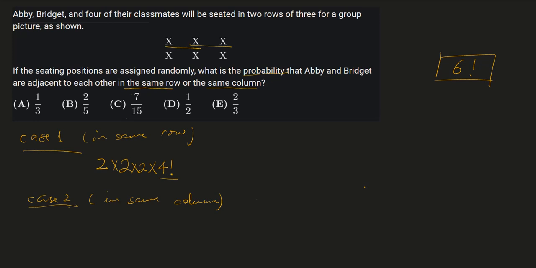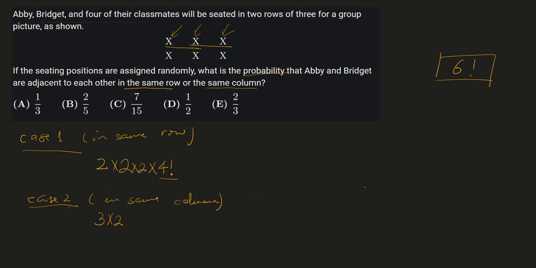How about case 2? For case 2, we need to seat them next to each other in the same column. Therefore, we have 3 choices. For each choice, there are 2 ways to permute the 2 students, Abby and Bridget. Abby can be in the front or in the back. So multiply that by 2.